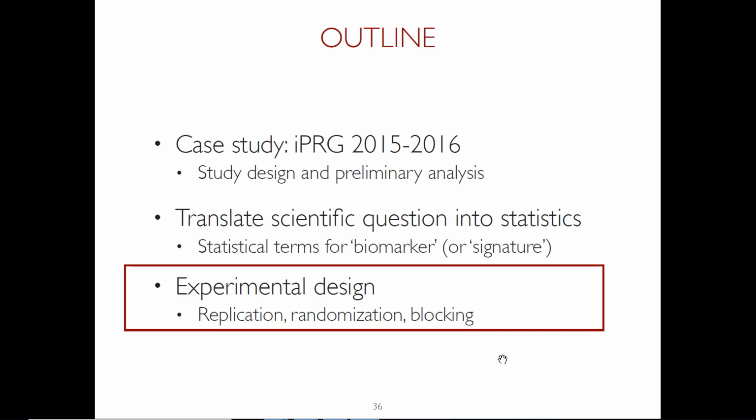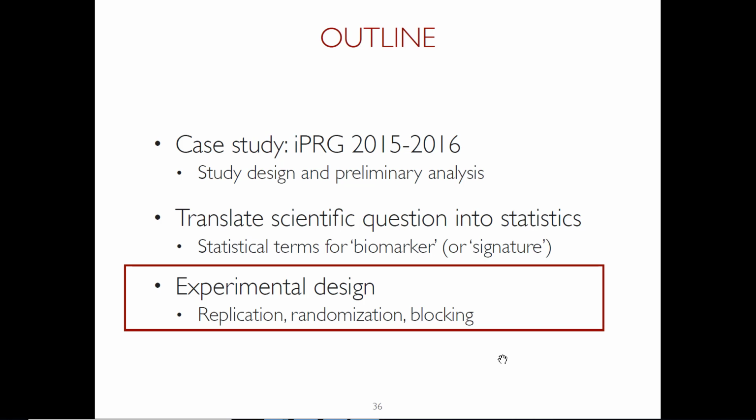What you can do is a whole different discussion. Let me talk about the design, and then we'll see how much time we have. The short answer is you need appropriate controls for every study, and you compare each disease to its own control. Those comparisons, either on average or predictive, are more comparable across studies than just the nominal abundance of proteins. I will make sure that we talk a little bit more about that as well.